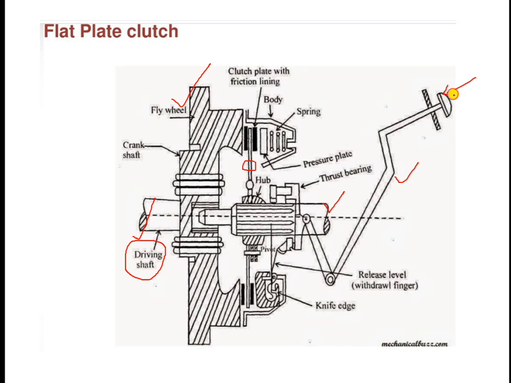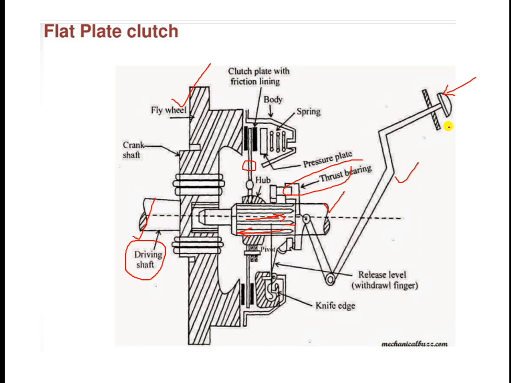Here the force will be applied with the help of this bell crank lever and this thrust bearing, as well as these splines on the driven shaft, which will either be taken off to the side, or whenever the pedal is released, it will automatically come back to its original position. Whenever you press the clutch pedal, you are disengaging the clutch.